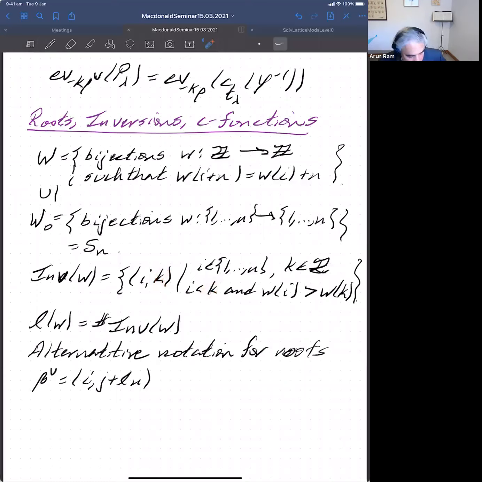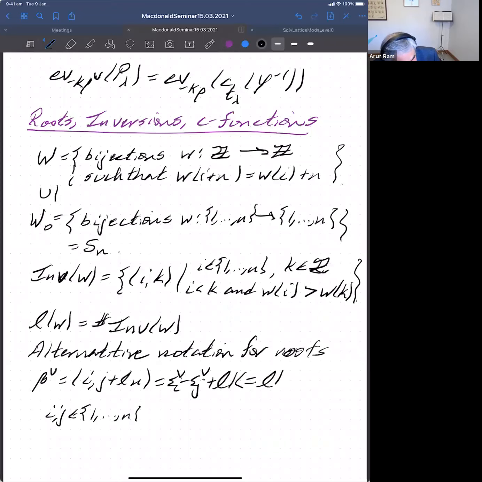It may be bigger than n, but I always want to write it as a pair where i and j are both in 1 to n, and then I can add some amount of n to keep track of it. And this notation is useful because then, in root system notation, this is epsilon i minus epsilon j plus lk, or I would often write this as lk plus alpha ij.